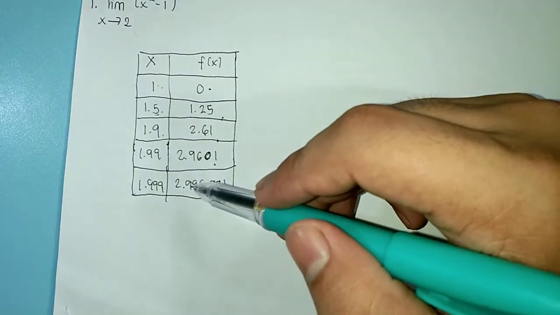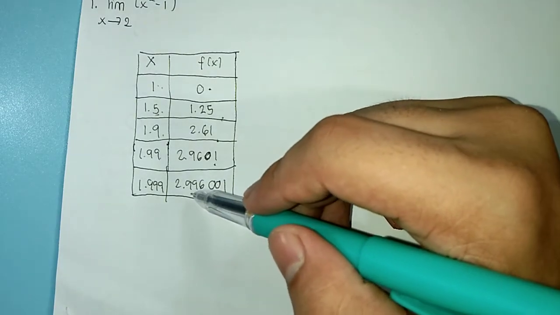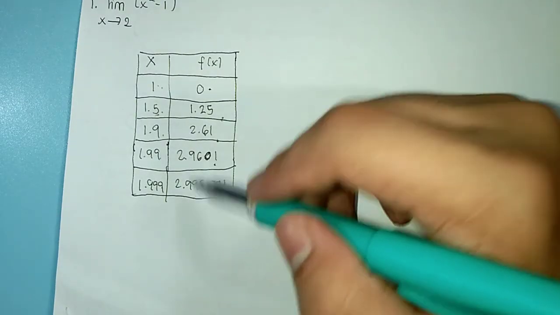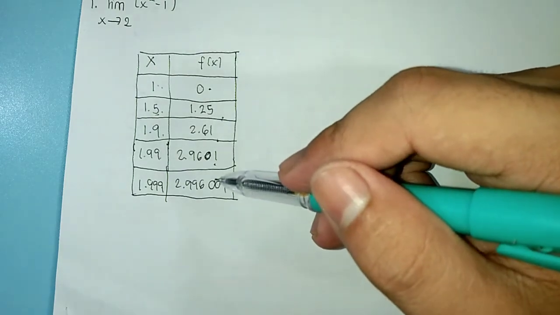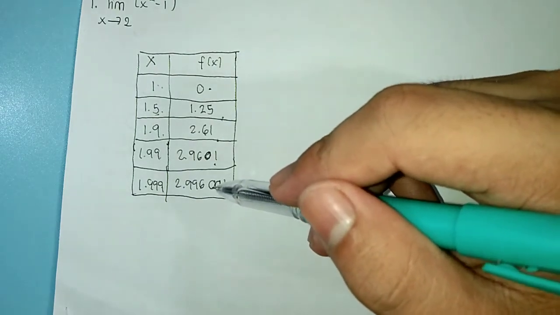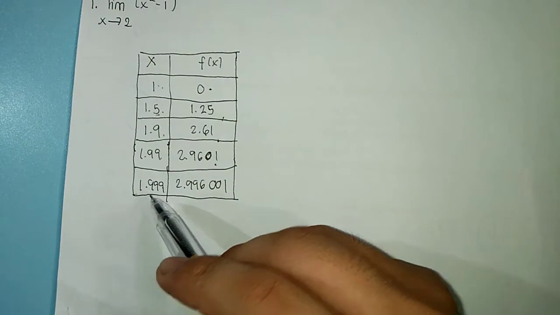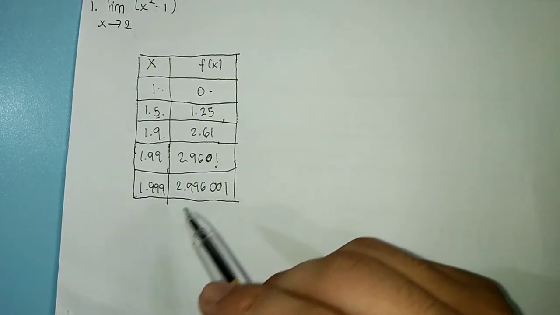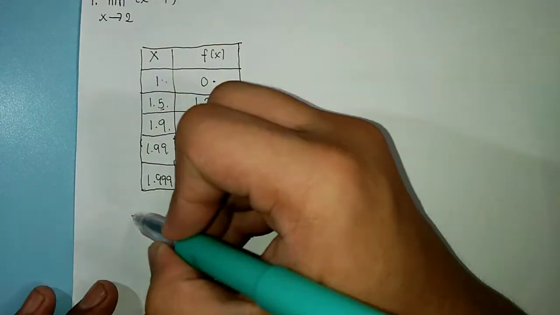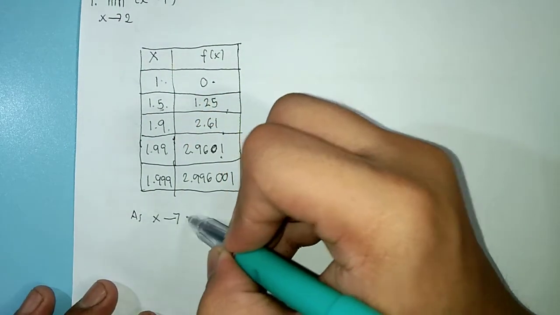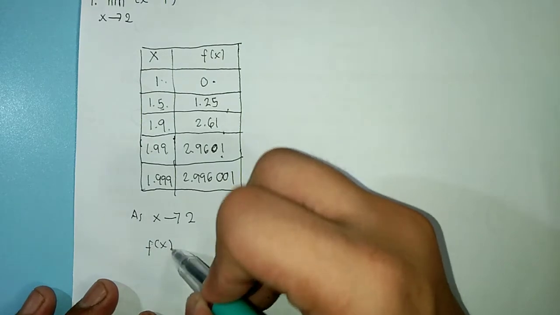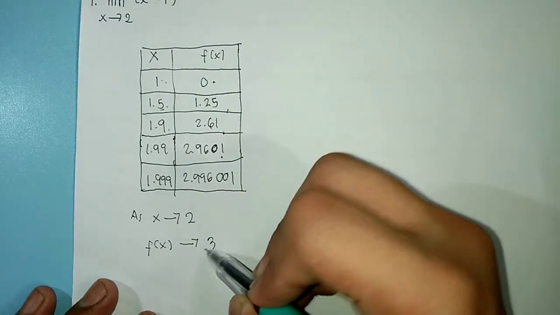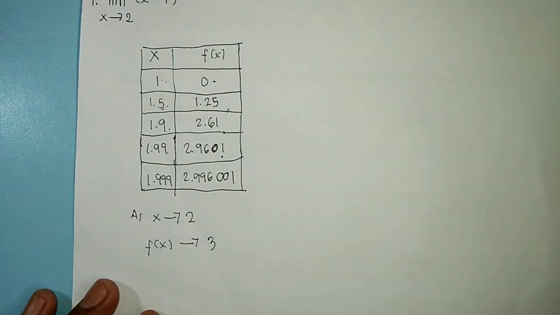It doesn't go past 3. With 2.996001, where is it approaching? To 3. If you continue, the value of f of x gets even closer to 3. So, as x approaches 2, f of x approaches 3 from the left side.